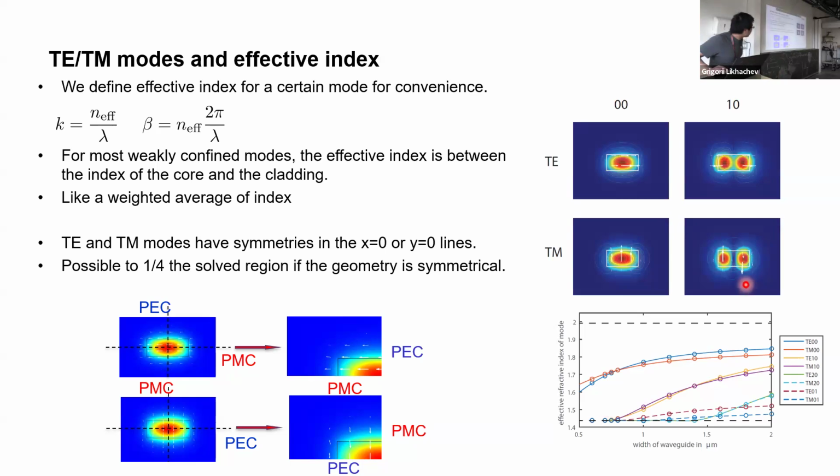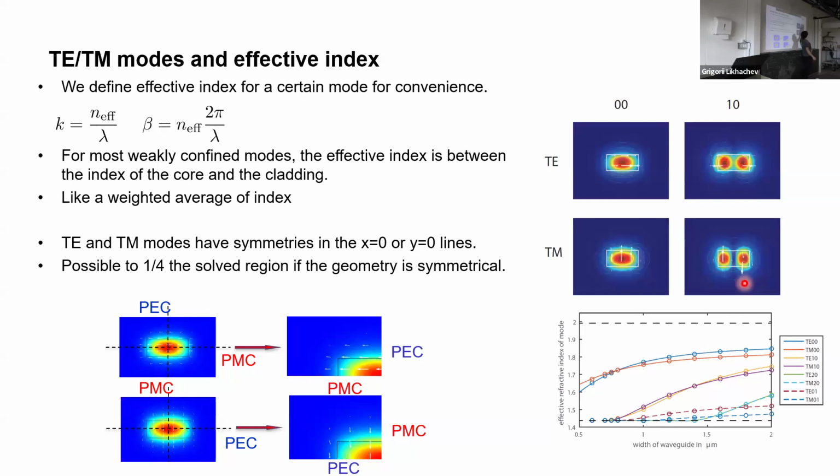So also you can see here, I don't know if you guys can see it very clearly. Basically, this arrow shows how the electric field is distributed in the TE mode. In TE00 it goes like this, and in TE10 it goes this way, but all are parallel.